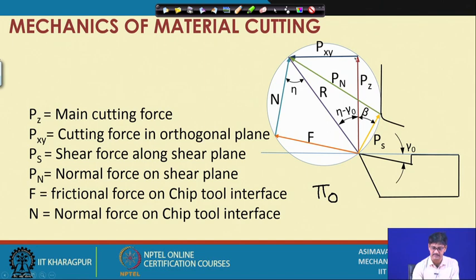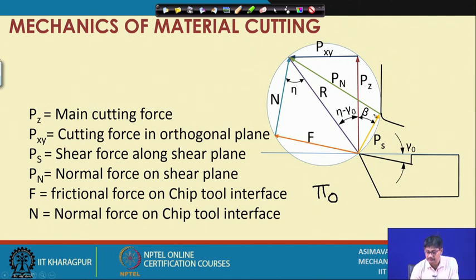This is the z axis and this is the force in the xy plane. Since the forces are restricted to the orthogonal plane, apart from the component in the z axis, the other axial components must be together in this plane. So, we are writing Pxy. Pxy has to lie on the orthogonal plane in case of orthogonal cutting.